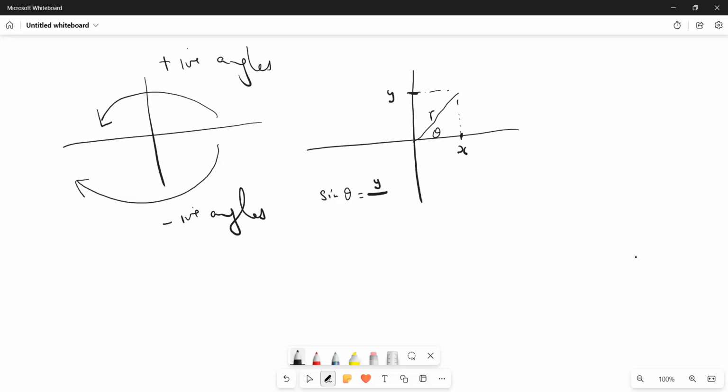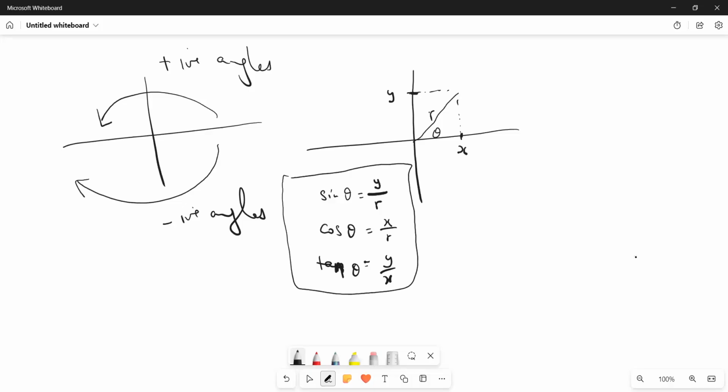Sine of the angle is y over r. The cosine of the angle is x over r. And the tangent of the angle is y over x. This is basically the general definition of the sine, cosine, and tangent of an angle, regardless of where that angle is located, and whether the angle is positive or negative.